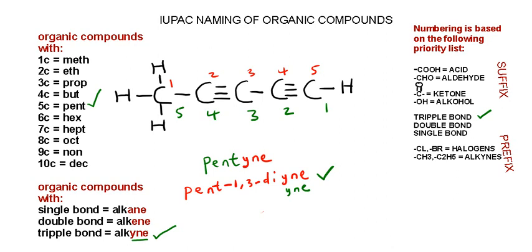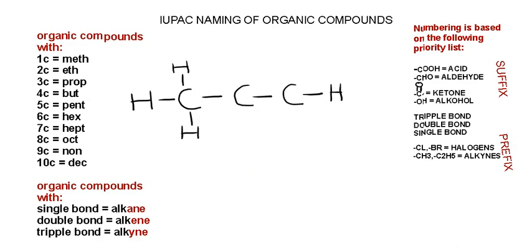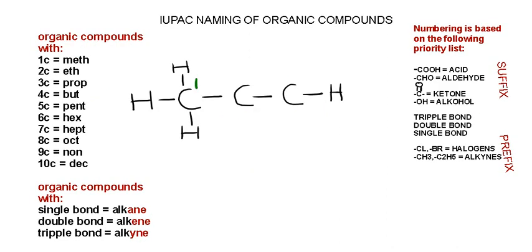Okay, let's go ahead. We'll start by numbering 1, 2, 3 in forward direction, and 1, 2, 3 in backward direction.